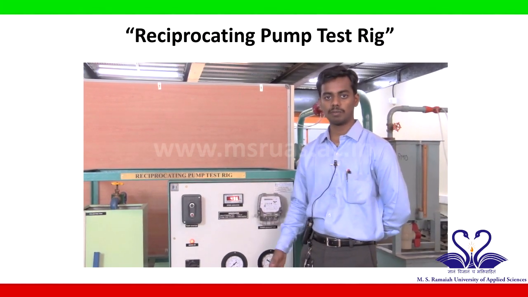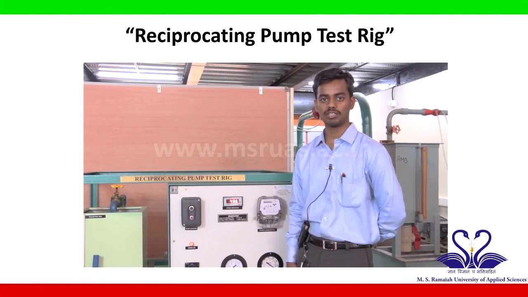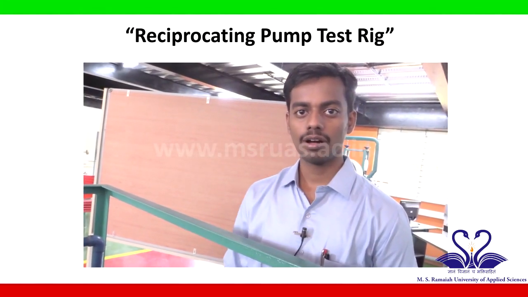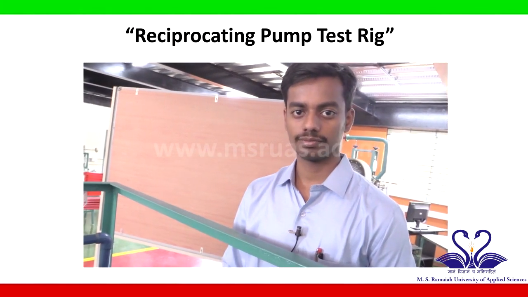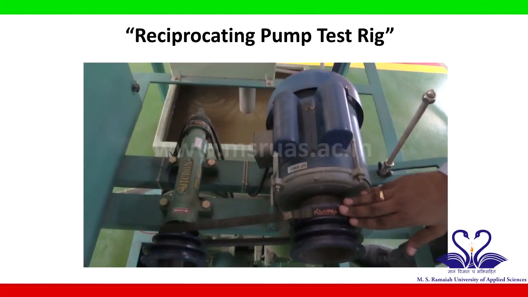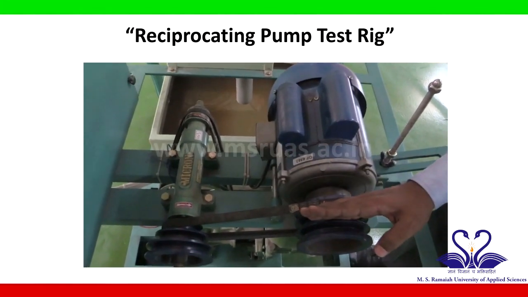The same experiment can now be repeated for different speeds of the pump shaft. We know that the motor is driving the pump via a V-belt. Now we shall change the speed of the pump by shifting the V-belt from this section to the next section.